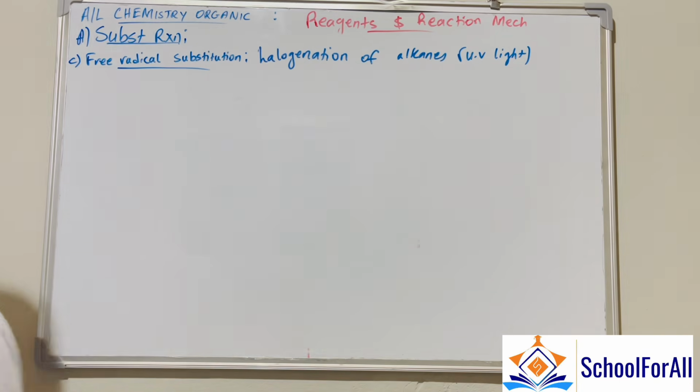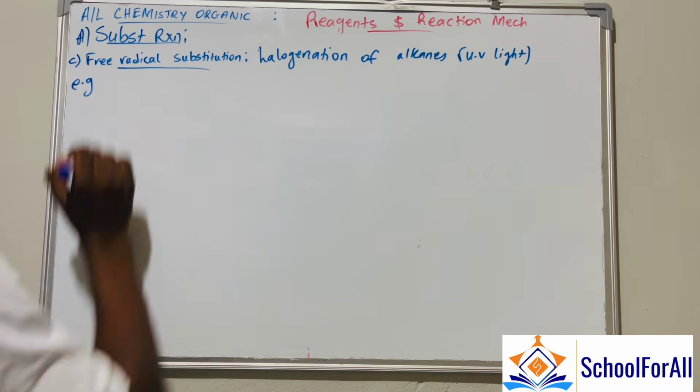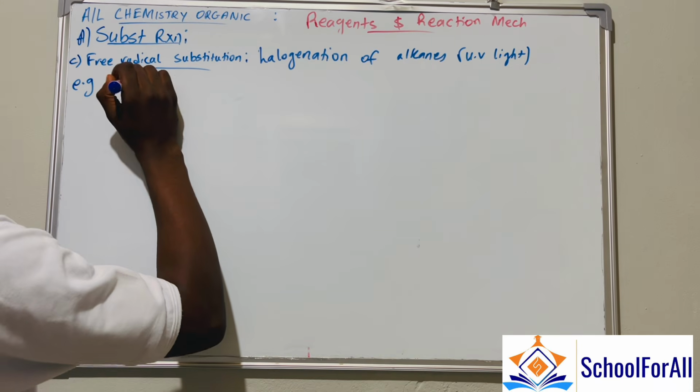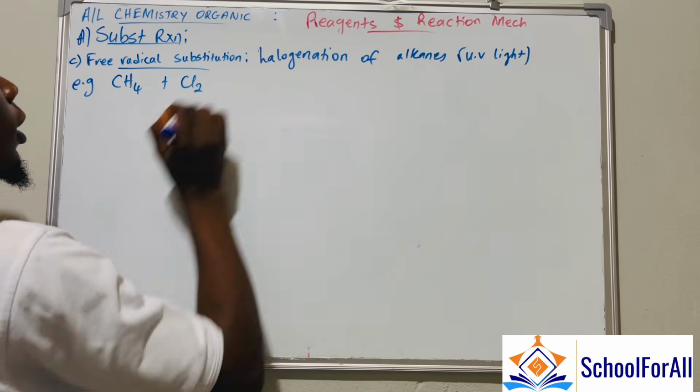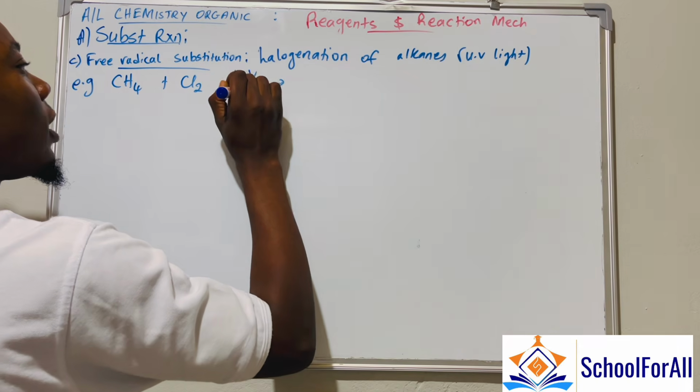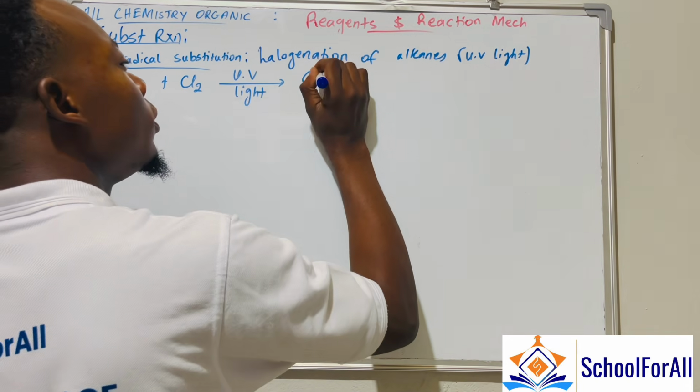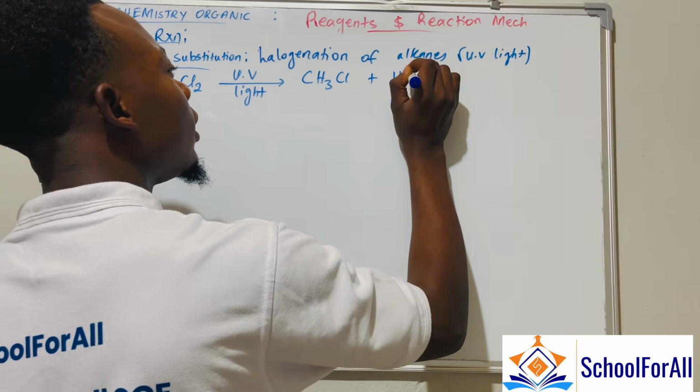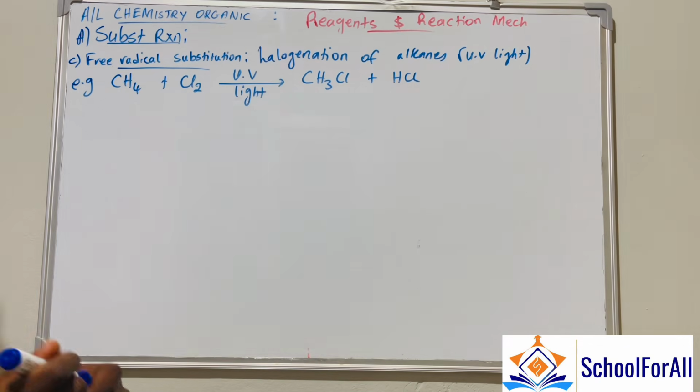Now, an example of this type of reaction: I can have my methane react with chlorine in the presence of UV light to produce chloromethane and hydrogen chloride.